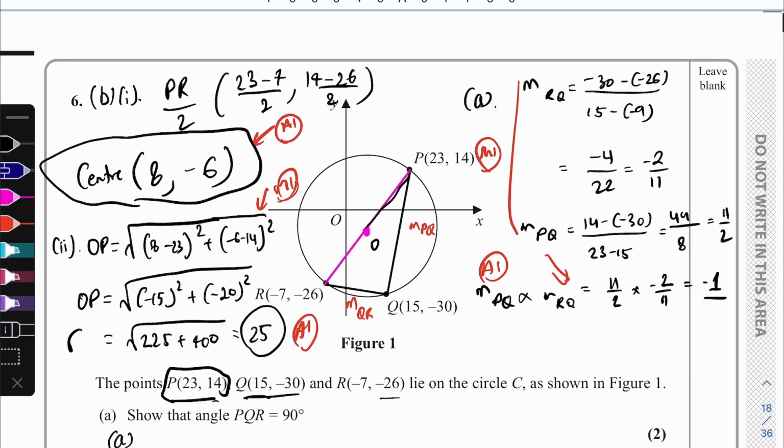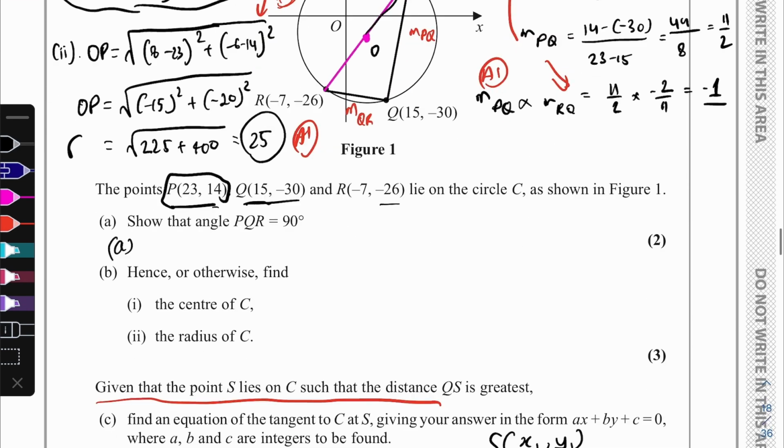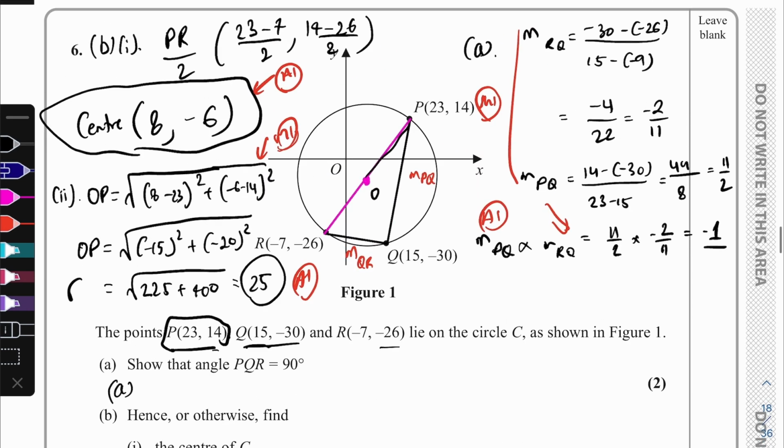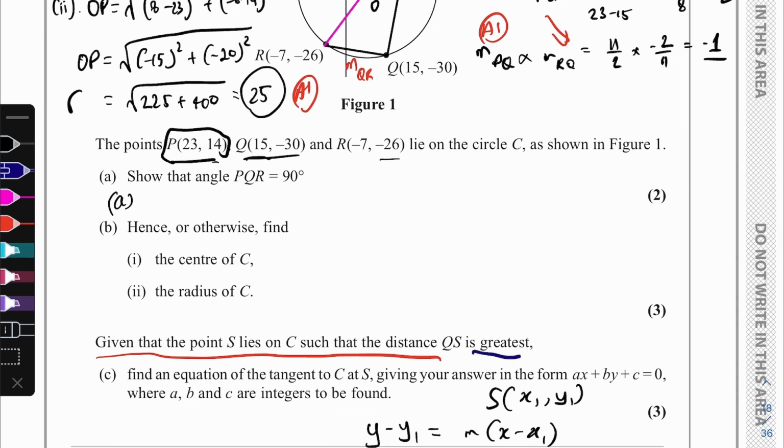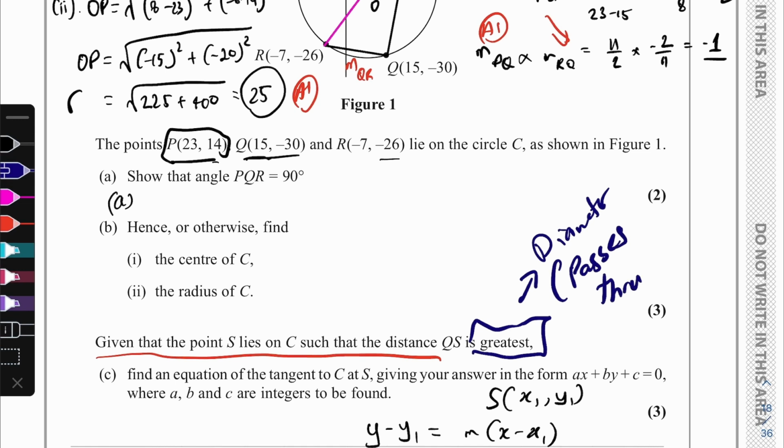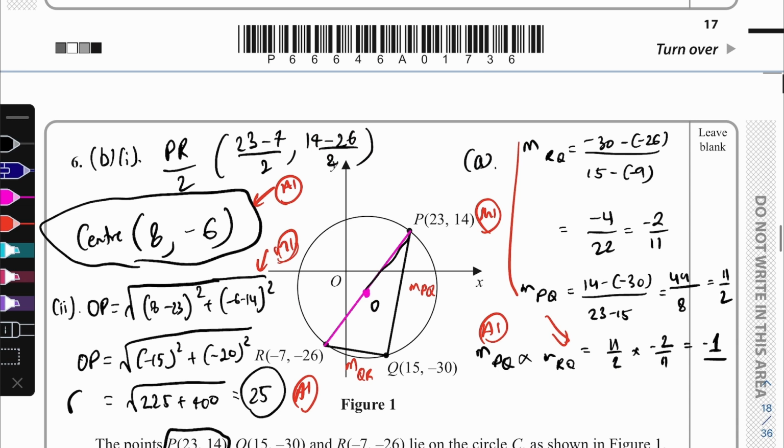So we know the Q coordinate, and it says over here QS is the greatest distance when it's the diameter. So it passes through the center. So let's draw a line.